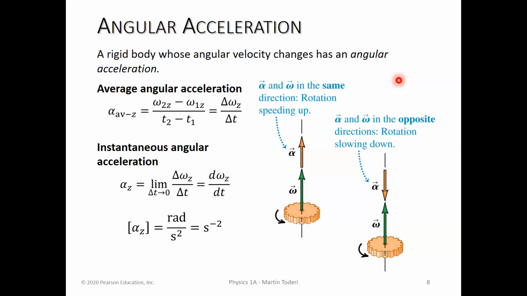So if we have a change in the angular velocity, then that means that we have angular acceleration, right? And that angular acceleration takes into account the rate of change of the velocity, in the same way as we did with the other kinds of motion. If we have position, then we have velocity, and then we can calculate acceleration if that velocity is changing.